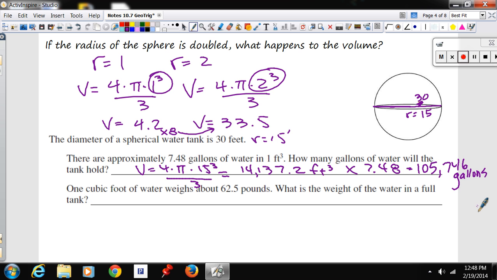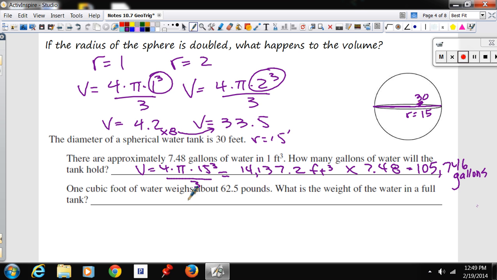Now let's see, 1 cubic foot of water. So if you got 1 little cubic foot and it's filled up with water, it weighs 62.5 pounds. So every single one of these cubic feet weighs 62.5 pounds. How much would that whole sphere weigh if it was filled up? What do I have to do?